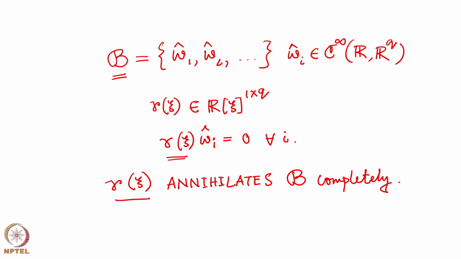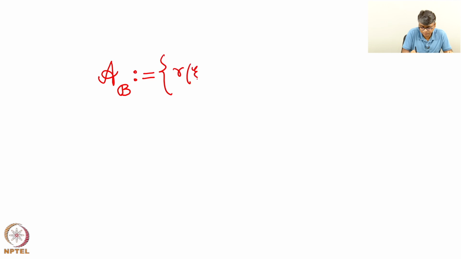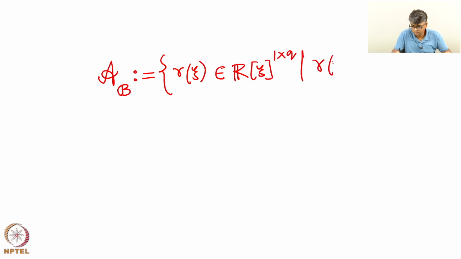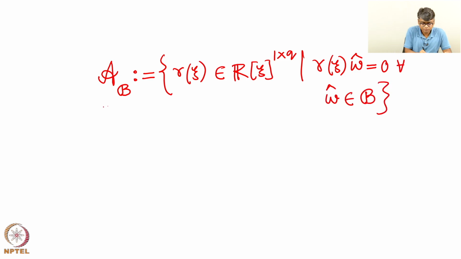So, it is an annihilator. Now, I can look for such annihilators and collect them together, and I can use the notation A of the scripted set B for the collection of all those R(ξ)'s which are row vectors such that they annihilate B. What can you say about the structure of this annihilator set?